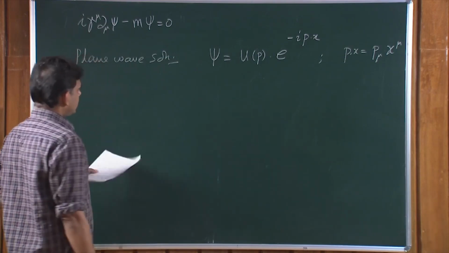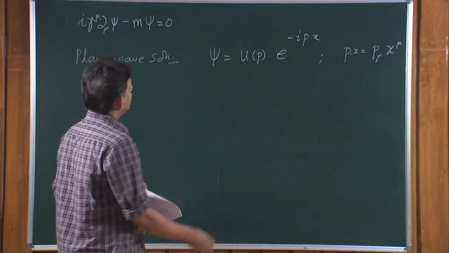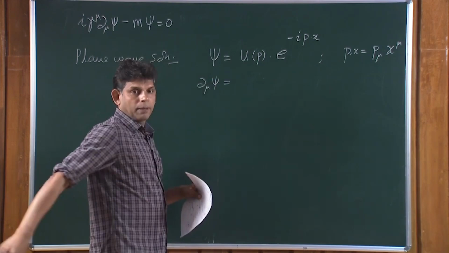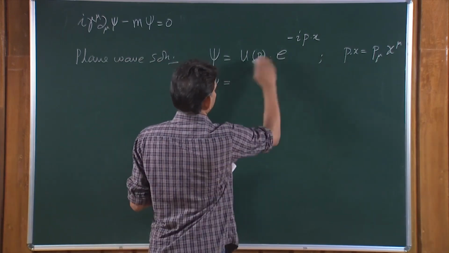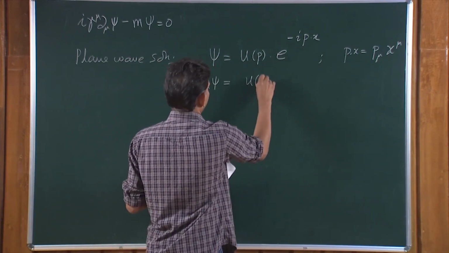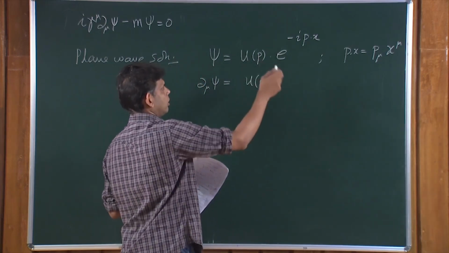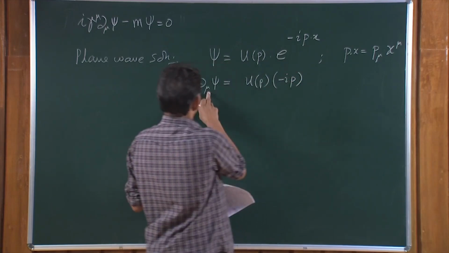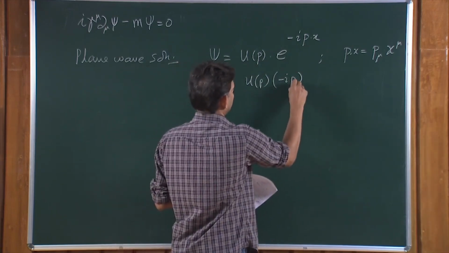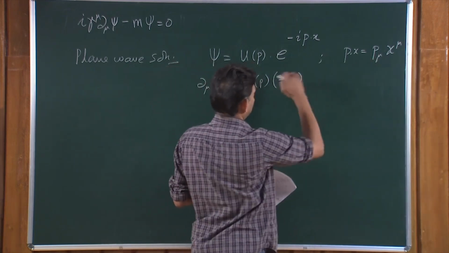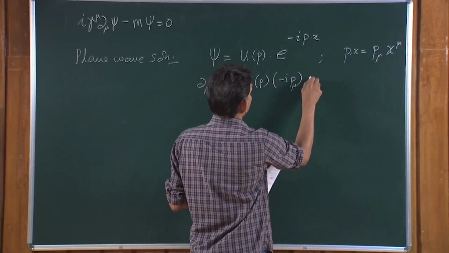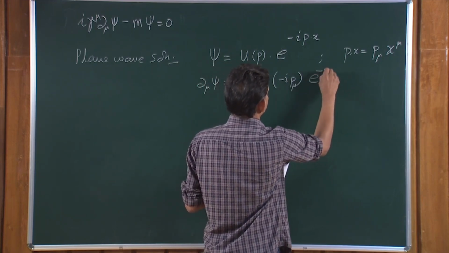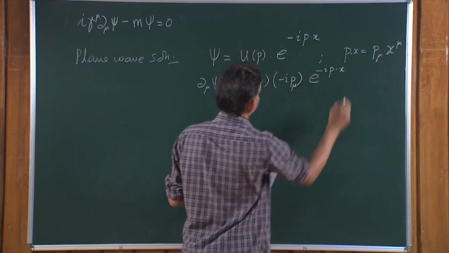Now, with this we consider the derivative of this psi. Nothing happens to u, which is a function only of p. From here you will get a minus i p mu, so that mu will come out, and then you have the same exponential minus i p dot x.